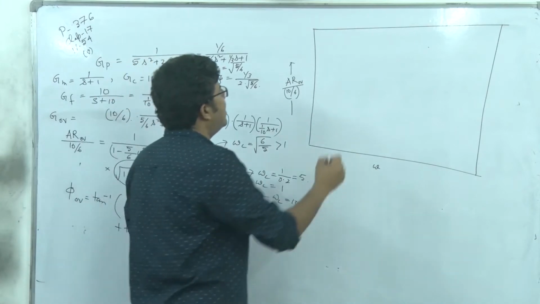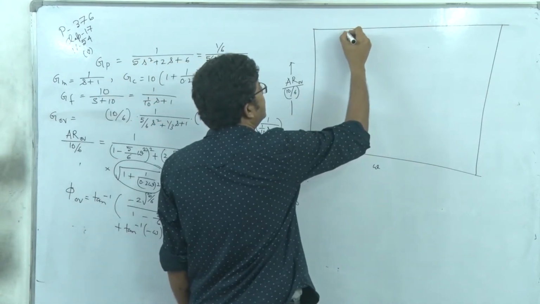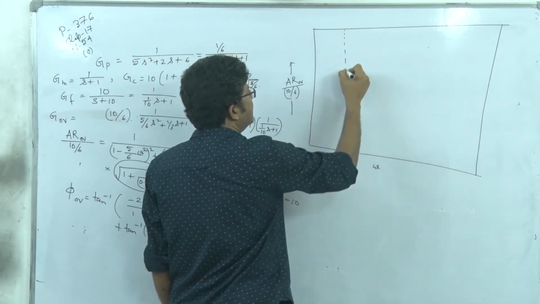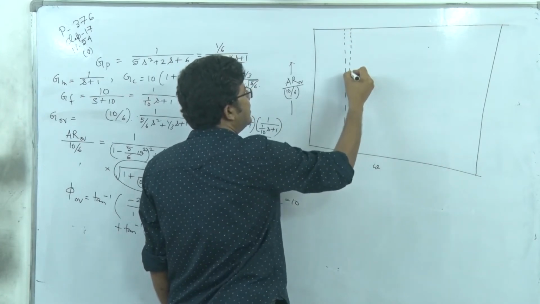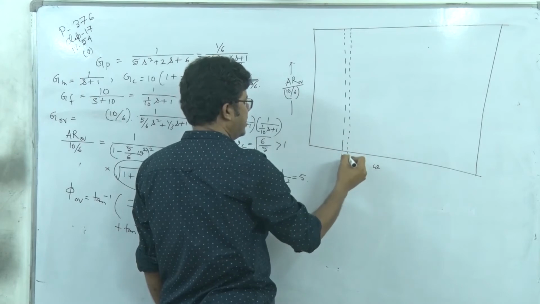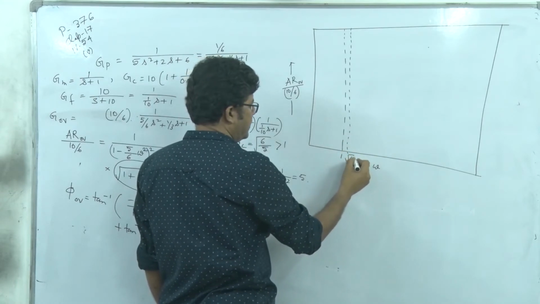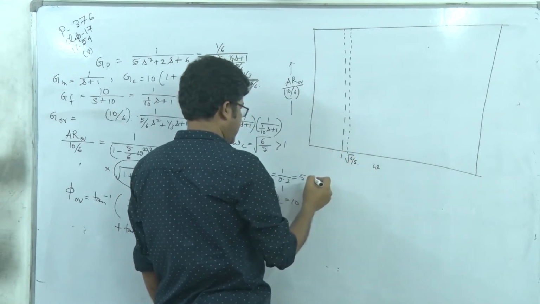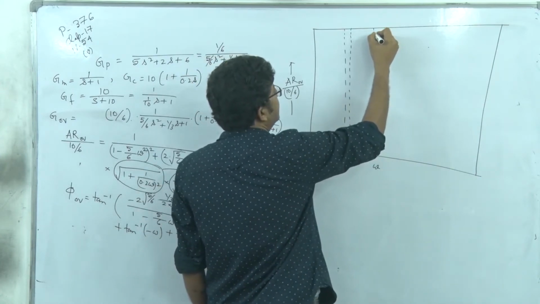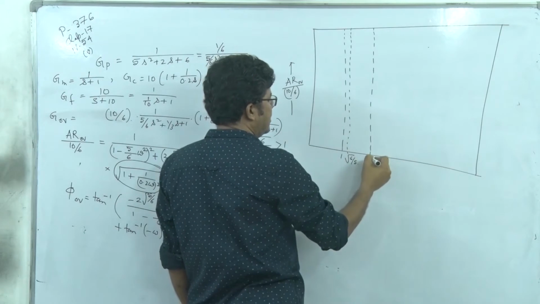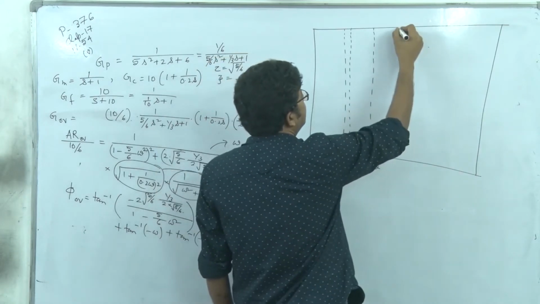So we will mark a line here. Let's say this is 1. Here this will be very close to it, root 6 by 5. Next 5 and 10. 5 will be somewhere here and here let's say is 10.